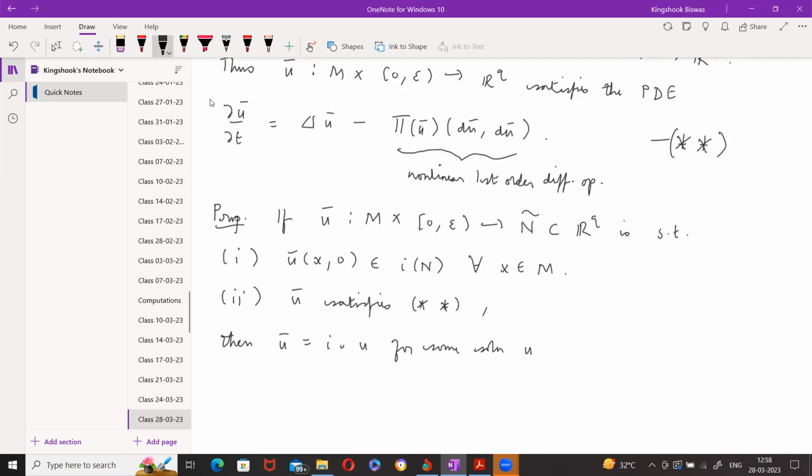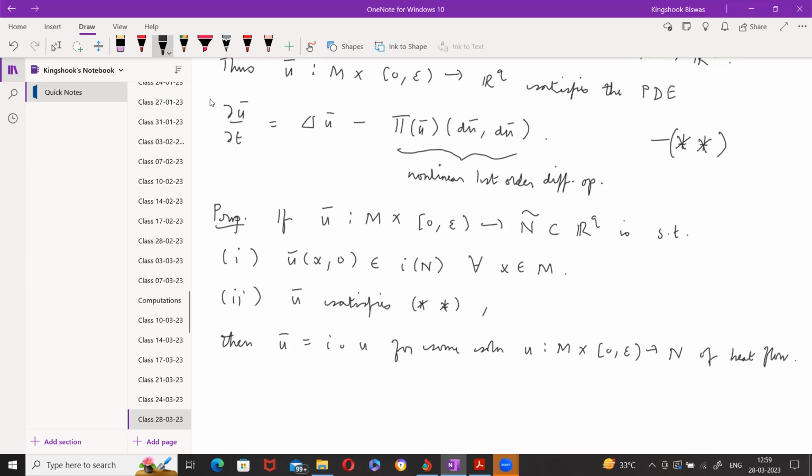Okay. So U goes from M cross 0 epsilon to N of the heat flow. Okay, is the statement clear? Yeah, so this is the converse.